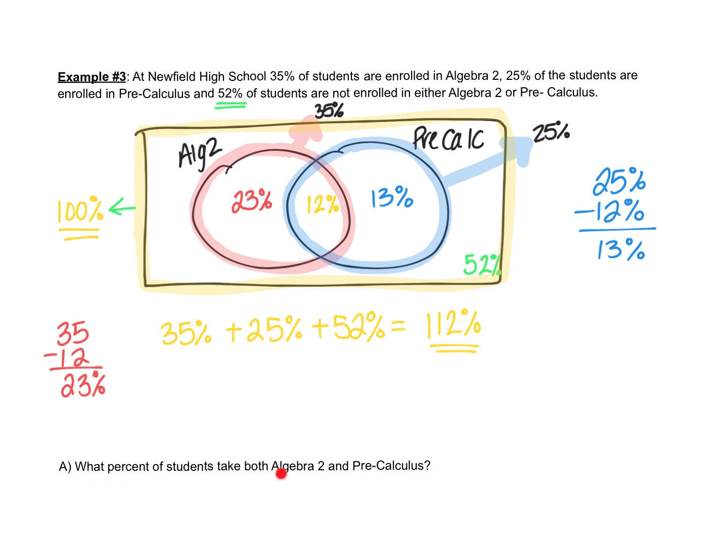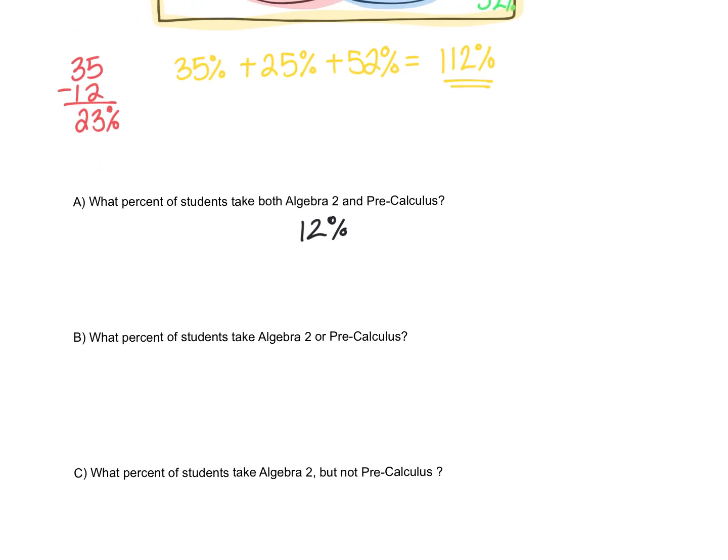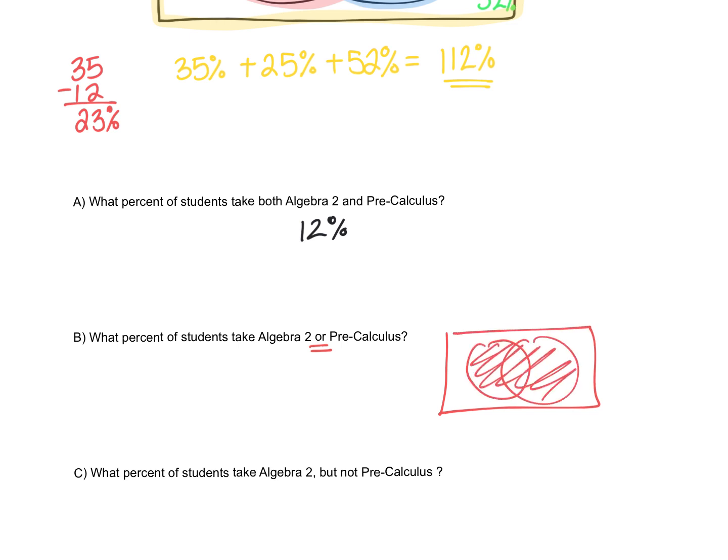What percent of the students take both Algebra 2 and Pre-Calc? That's my intersection, 12%. And last but not least, oh no, there's a couple, sorry. What percentage of students take Algebra 2 or Pre-Calc? So remember, we can use a formula for or we can just know that or visually is everything inside both of these circles.